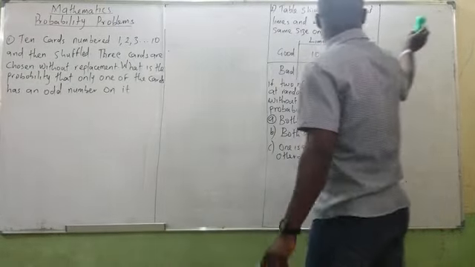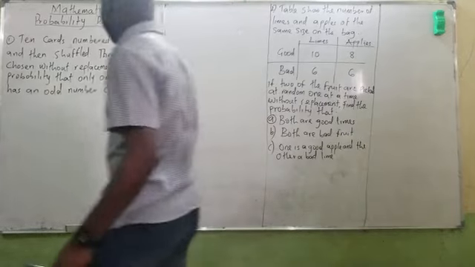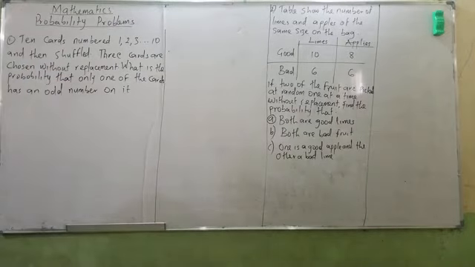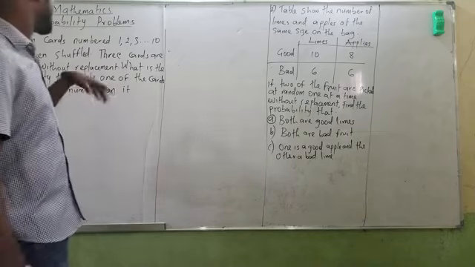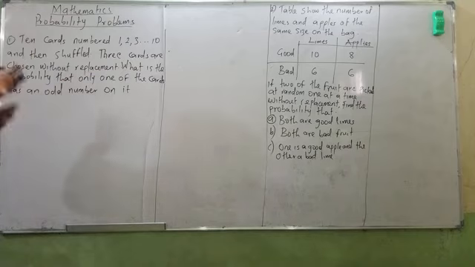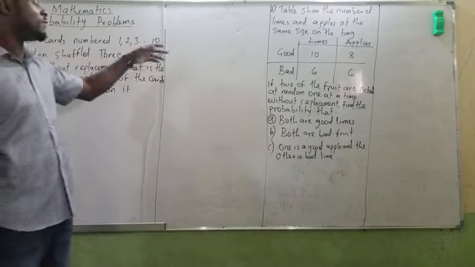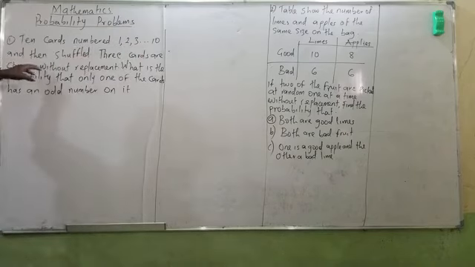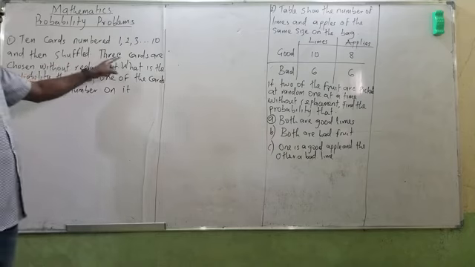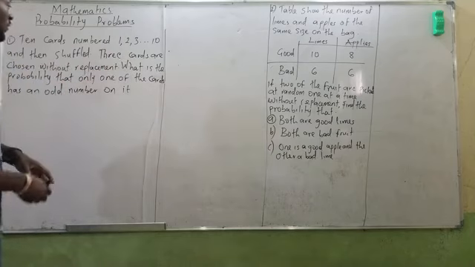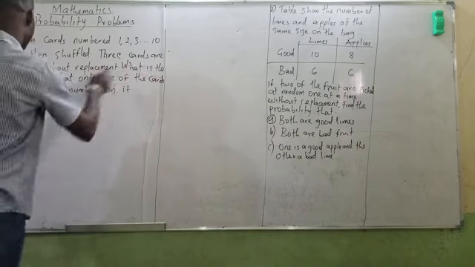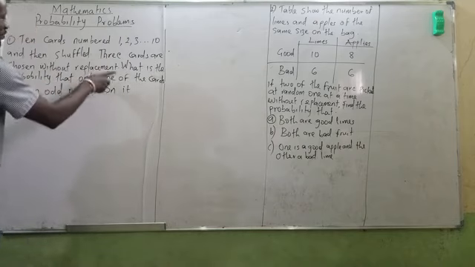But in this video, I just have some questions, and by the end of this you will understand this very well. Question number 1 was sent by one of my students, and we have to do it so that everybody can learn from it. It says: 10 cards numbered 1, 2, 3, 4, 5 to 10 are shuffled, and 3 cards are chosen without replacement.